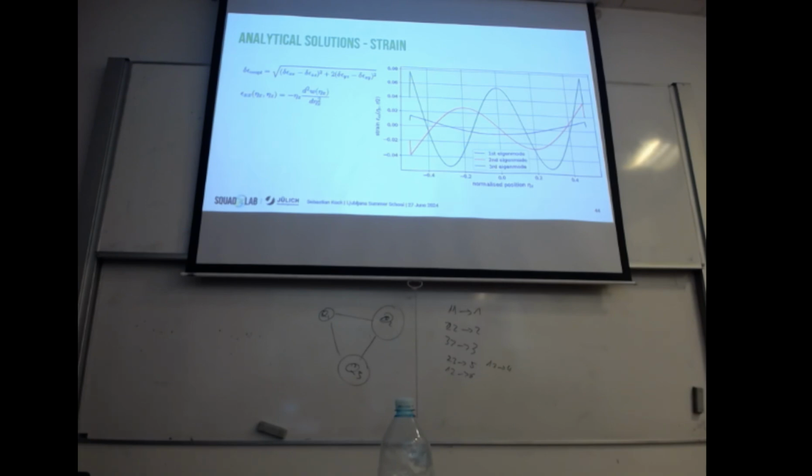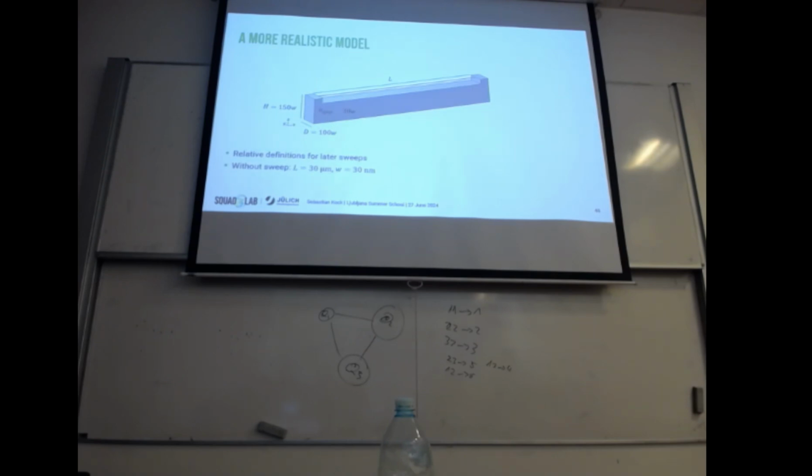So the question is, is this physical? Would this also happen in a real experiment? For that, I used a finite element solver, COMSOL, and built this model. It's all parameterized in the thickness of the beam to ensure that it's stable when tweaking parameters.